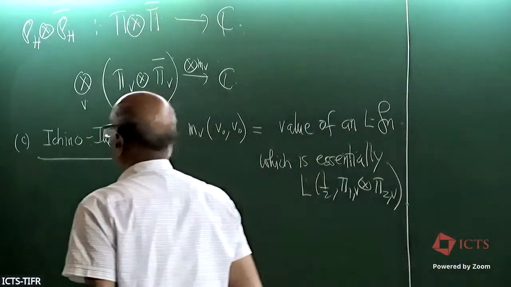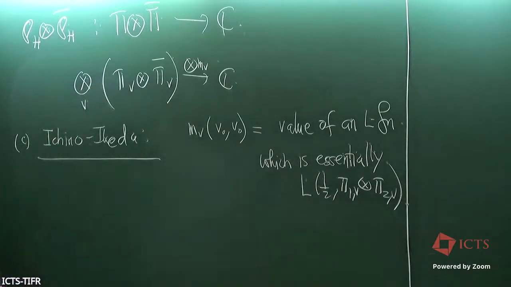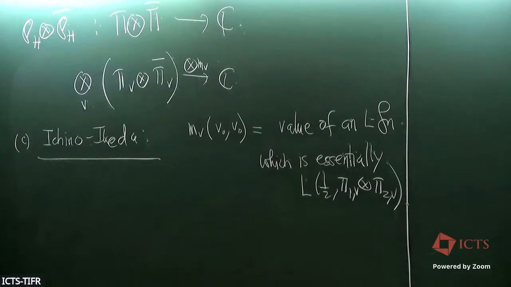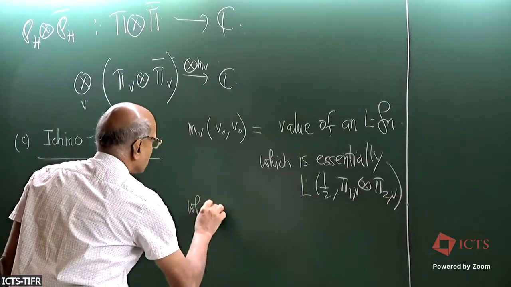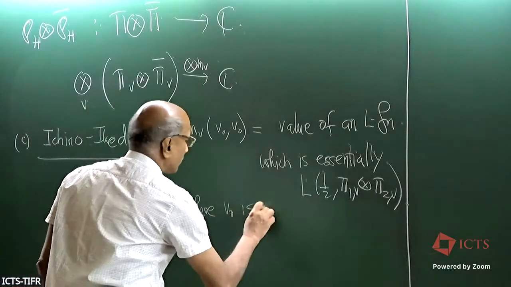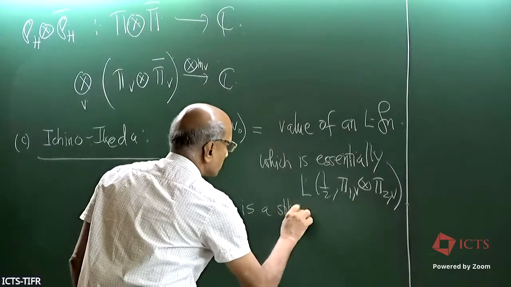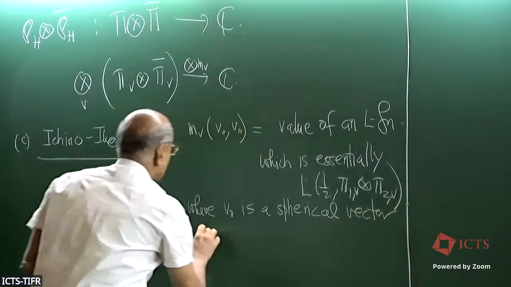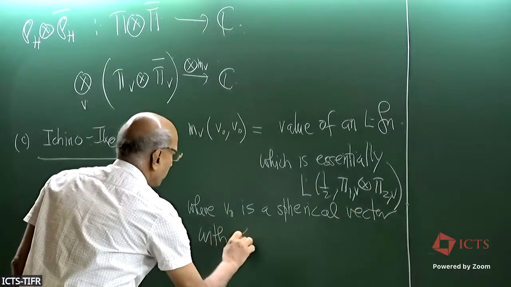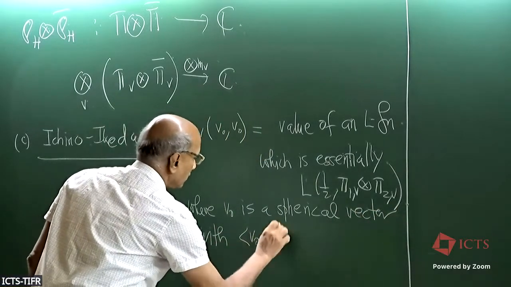And one needs to notice here that V0 is a spherical vector, with V0 comma V0 equals 1.